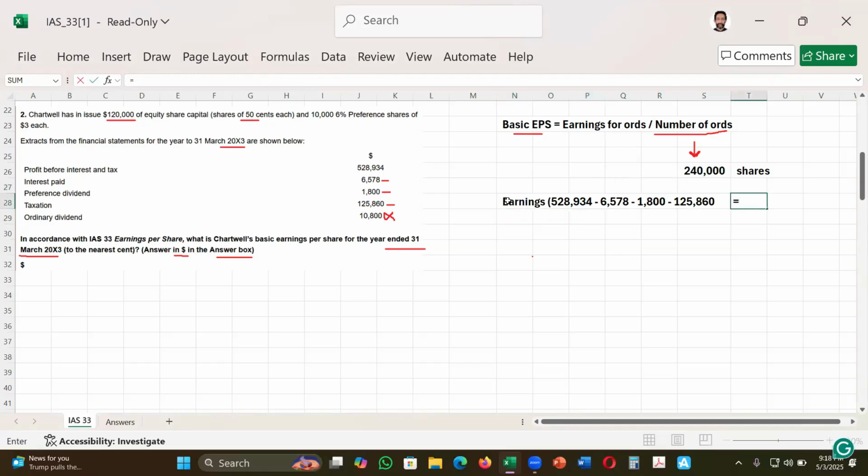We have the 528,934. We take away the 6578. We take away another 1800. We take away 125,860. So we will have the earnings, which is 394,694.